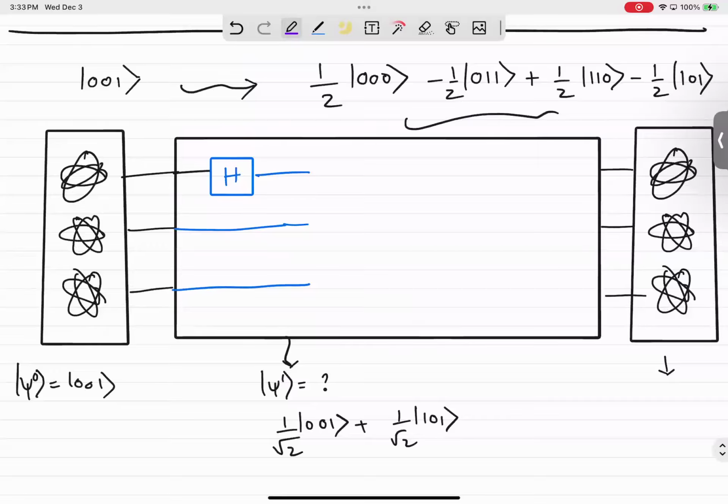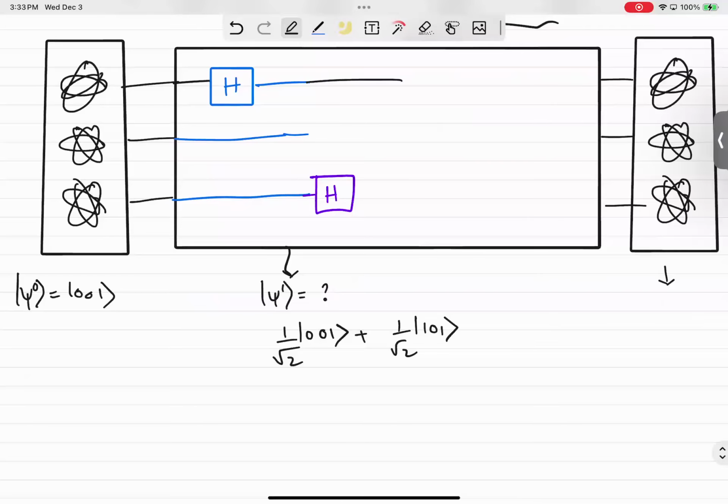I'm going to do on the third one, and I'll tell you why in a second. I'm doing the Hadamard on the third one just to make things simpler, the third one is just state 1 in both cases. Okay?